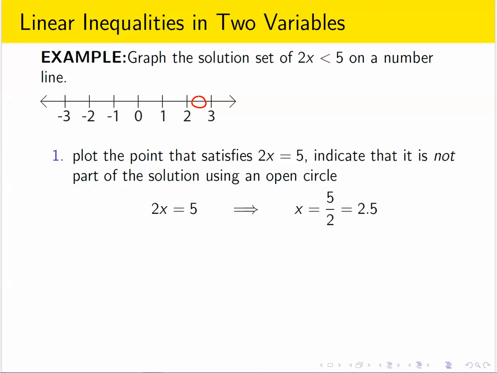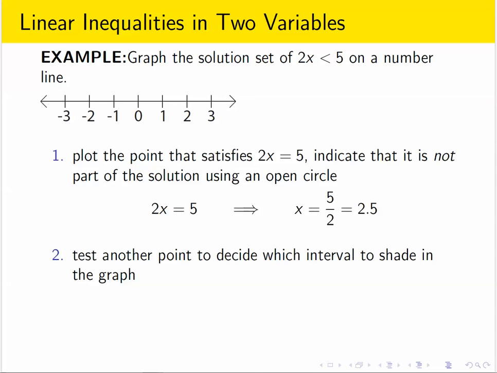Now let's come up with the rest of the graph. So the next step is to decide whether to shade the half of the number line that's to the left of the point we just found, or the half of the number line which is to the right of the point we just found. So we've got this point here on the number line at 2.5, and either we're going to shade everything to the left or everything to the right.